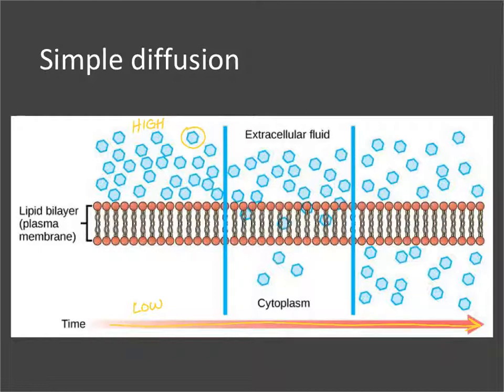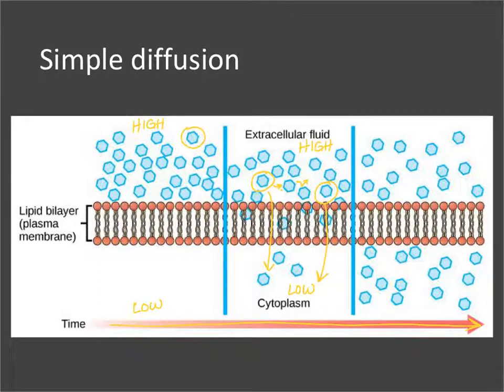And what's happening is that these little molecules are vibrating and they're bouncing off of each other. And as they bounce off of each other, they start to bounce away from each other. Now, if this is a substance that can cross the cell membrane, as they bounce off of each other, they're going to bounce across that cell membrane. And so more and more of these are going to be moving from the area of high concentration to an area of lower concentration.